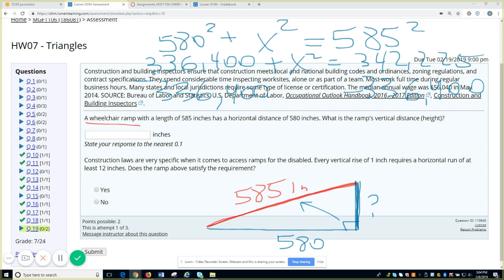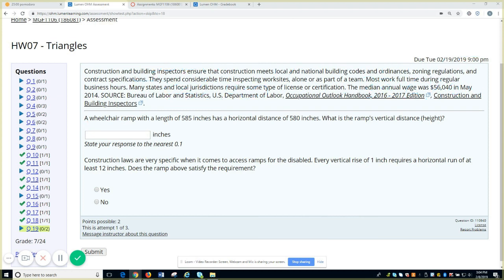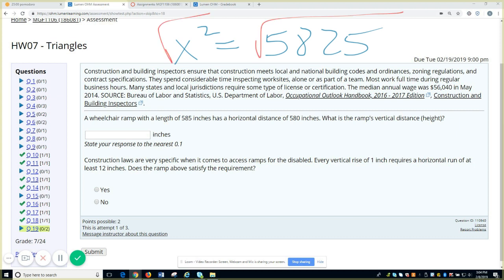Okay. So then my x squared is going to be 5,825. Then lastly, I'm going to take a square root of both sides.